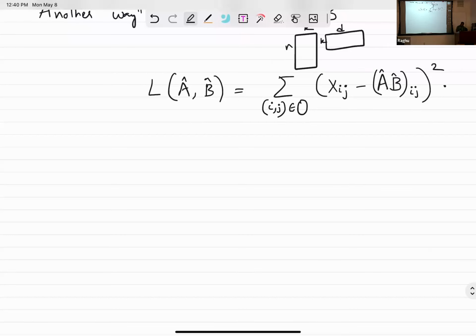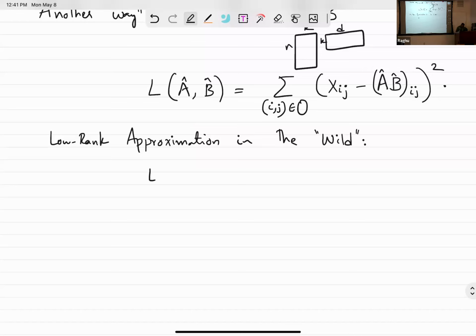And lest you think low rank approximation maybe is not that important across other domains, one important technique that's being used a lot in empirical research nowadays, in the wild, is this notion called low rank adaptation, or LoRA for short.